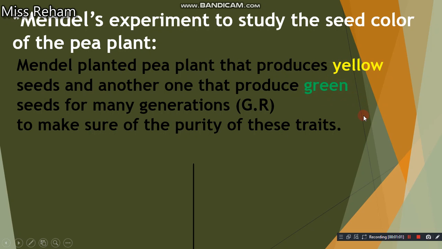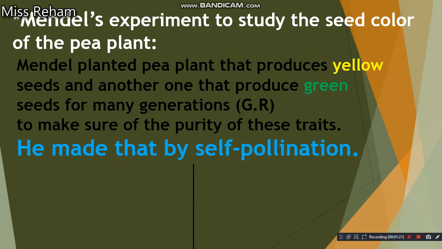Mendel wanted to be sure that the yellow seeds is a pure trait, pure yellow. And he wanted to be sure that the green seeds are pure traits, pure green. Okay? Let's see.